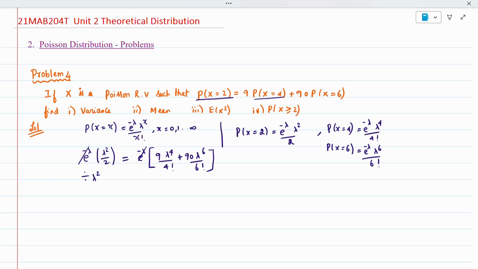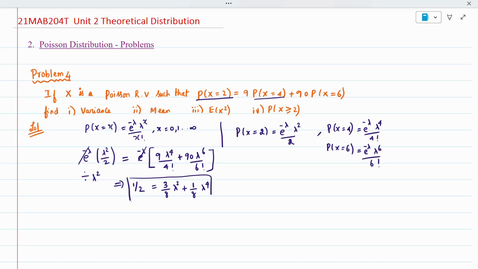When I simplify it, I get 1 by 2 equal to 3 by 8 lambda squared plus 90 divided by 6 factorial, which simplifies to 1 by 8 into lambda power 4. I get the equation in this format.